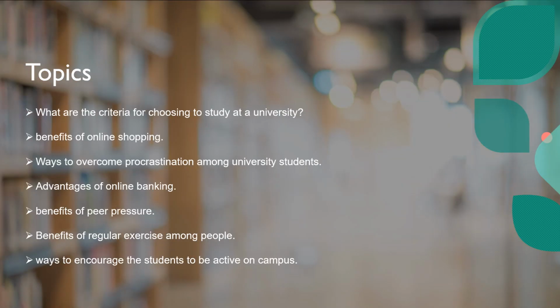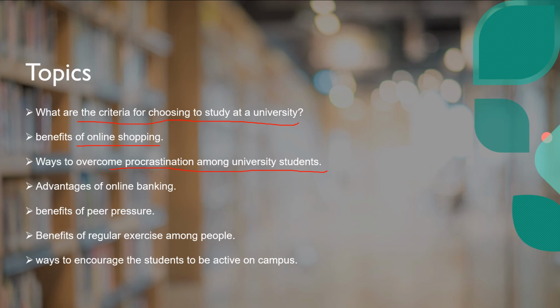So these are the 7 topics that you need to choose from, and remember that each group will have to choose a different topic. The first topic is, what are the criteria for choosing to study at a university? The second topic is benefits of online shopping. The third topic is ways to overcome procrastination among university students.